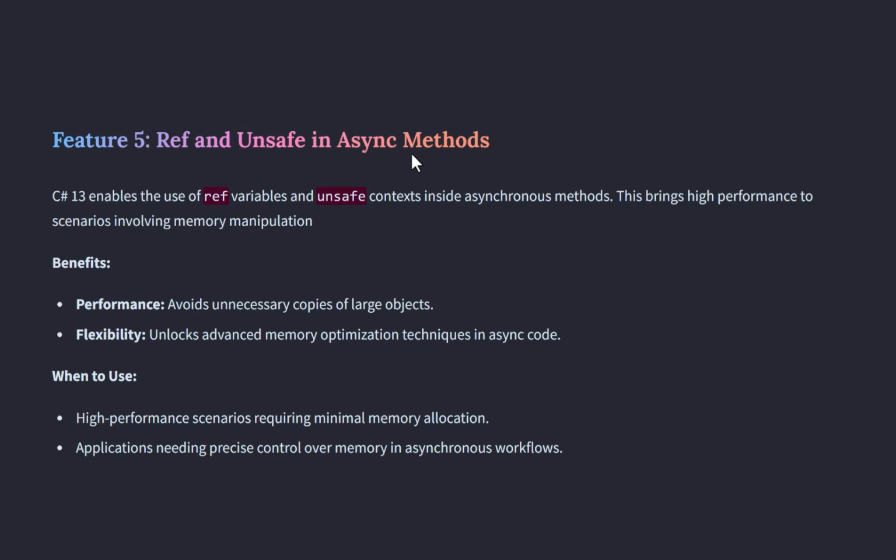In asynchronous methods, we couldn't previously use ref or unsafe code, limiting their flexibility and performance in low-level programming tasks. The advantage right now is that if you enable ref in asynchronous methods, it's going to improve performance, and even allow unsafe code in an async context, which increases the application in high-performance and low-level scenarios.